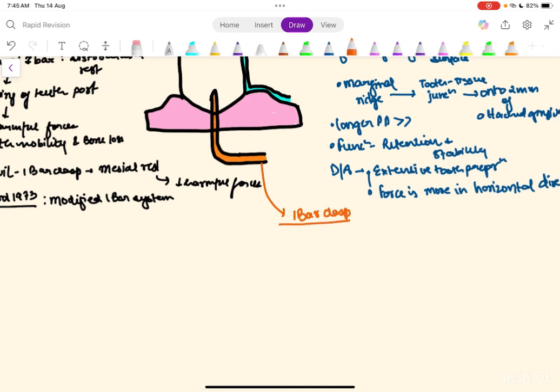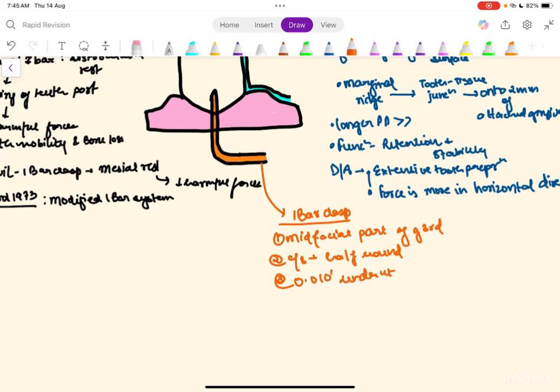Now the I-bar clasp is given on the mid-facial part of the gingival third. Then cross section they sometimes ask is half round. Now preferable undercut is 0.010 inches. Then there is less torque on the abutment because of the I-bar clasp.